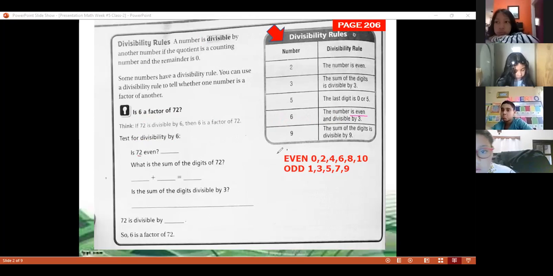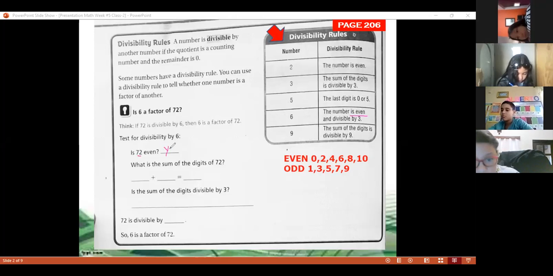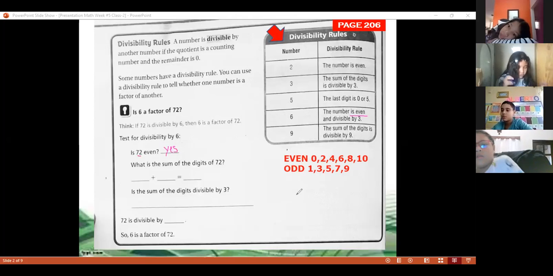It ends with 2, and even numbers are like 0, 2, 4, 10, 12. They are pair numbers, números pares. So yes, this is an even number. 72 can be divided by 2 and get remainder 0. If you divide 72 by 2, we can check that, class.